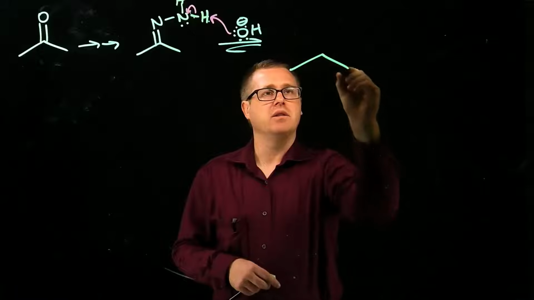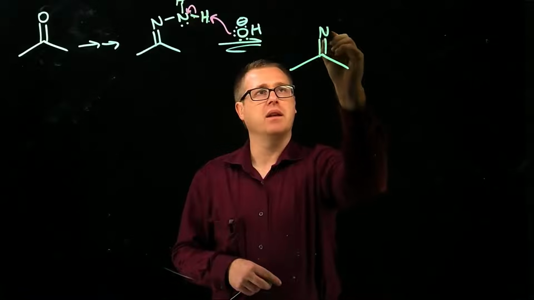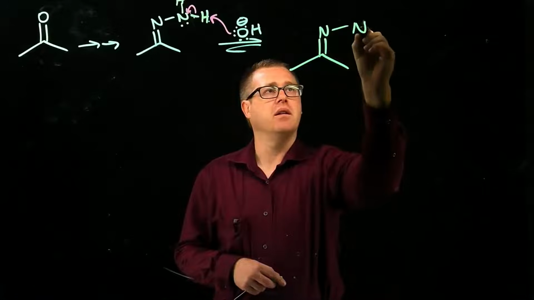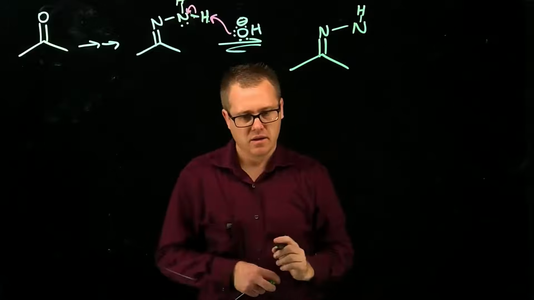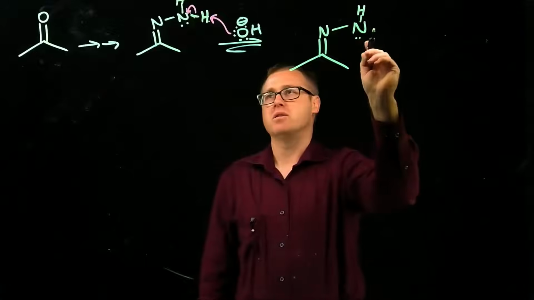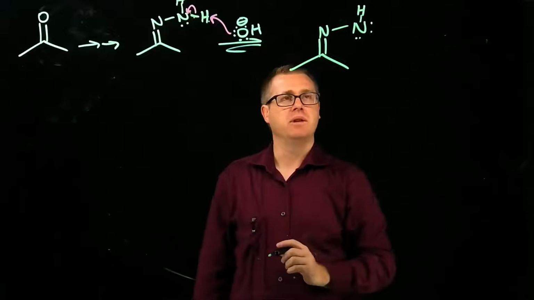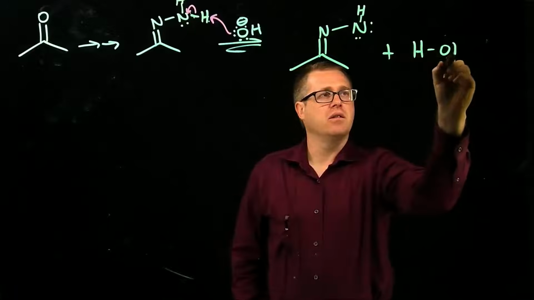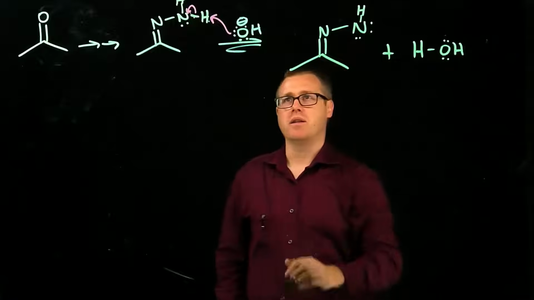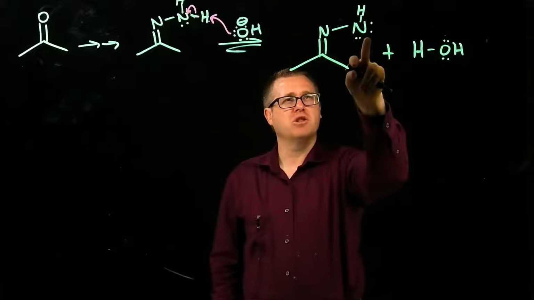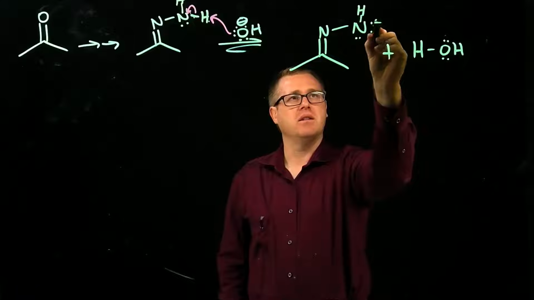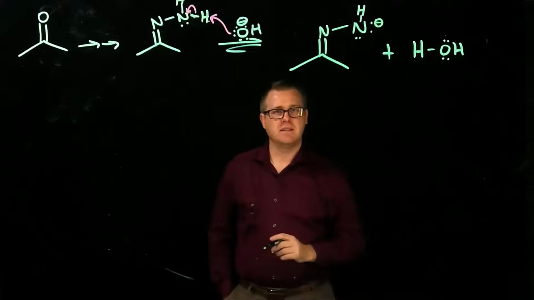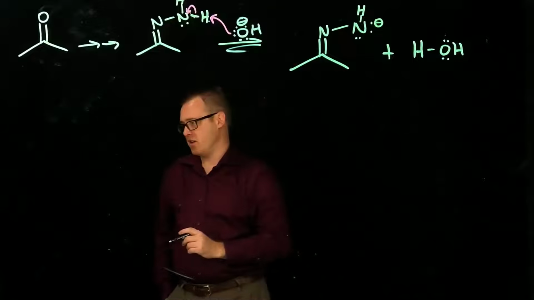I'll draw it a little bit lower here so we can get everything. And that lone pair was already there, and we just tacked on a new one. And we generated some water. Now, what would the formal charge on this nitrogen be? That would have to be a -1 formal charge.